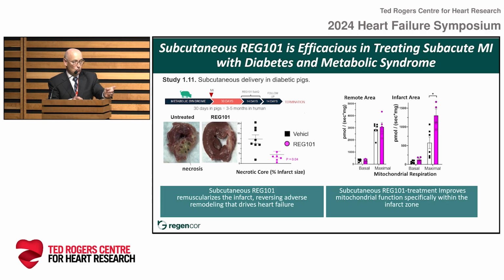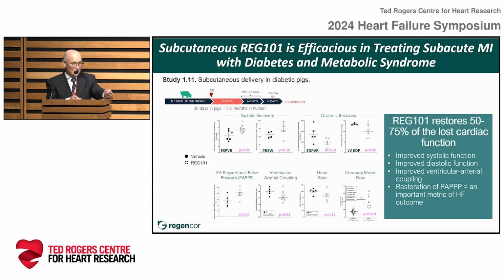These studies are shown with pigs that are genetically predisposed to diabetes and metabolic syndrome, so it's not just healthy young pigs. You can see a reduction in the necrotic area, a reduction in the scar volume, and improvement by invasive hemodynamics in systolic and diastolic function of the heart.